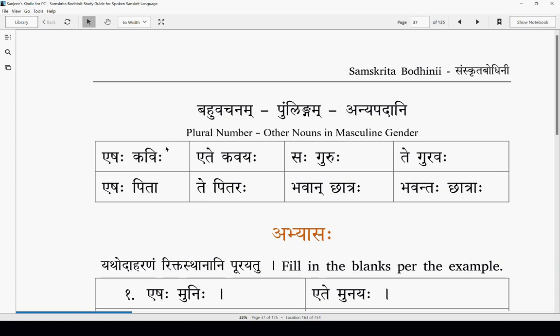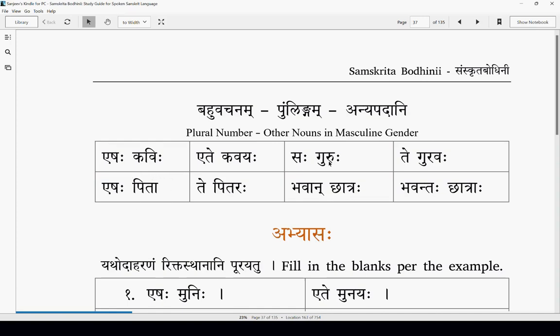What is the sound before Visarga here? Ikara. Kara represents sound, so Ikara means the I sound. And Pita, where there is no Visarga at all.